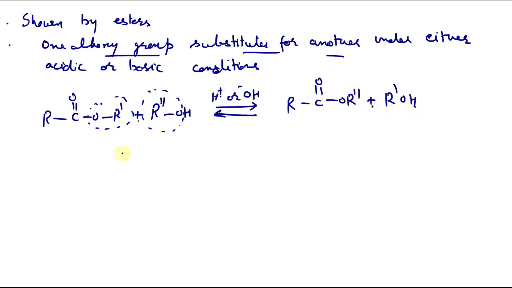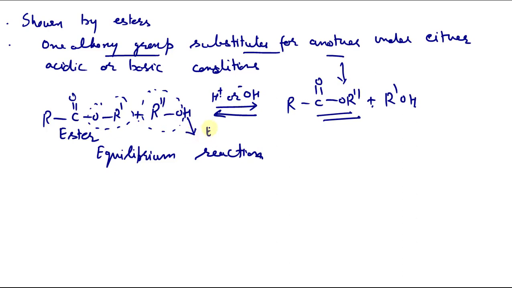So as you can see, it is an equilibrium reaction. Now, depending upon which ester we require, we can control it using Le Chatelier's principle. Let us suppose we require this ester, then we can use this alcohol in excess. If we make it more, then more of this will be produced, so we can control the equilibrium by using a large excess of the desired alcohol, as I have shown you here.